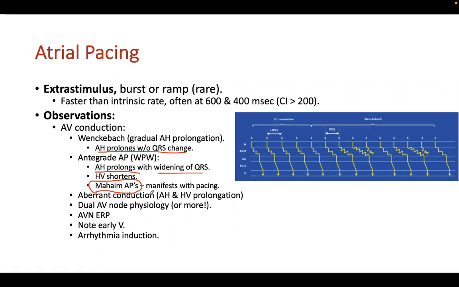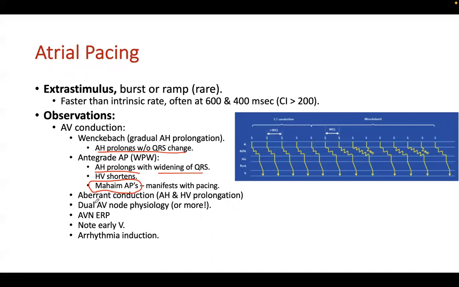They behave like another AV node. And when you have such a case, you A-pace, and then you will see enhancement of the WPW, but not similar to your typical WPW, where you see immediate enhancement. With Mahaims, you have to pace very fast in order to see the widening of the QRS and delta wave, okay? And I'll show you an example in a second.